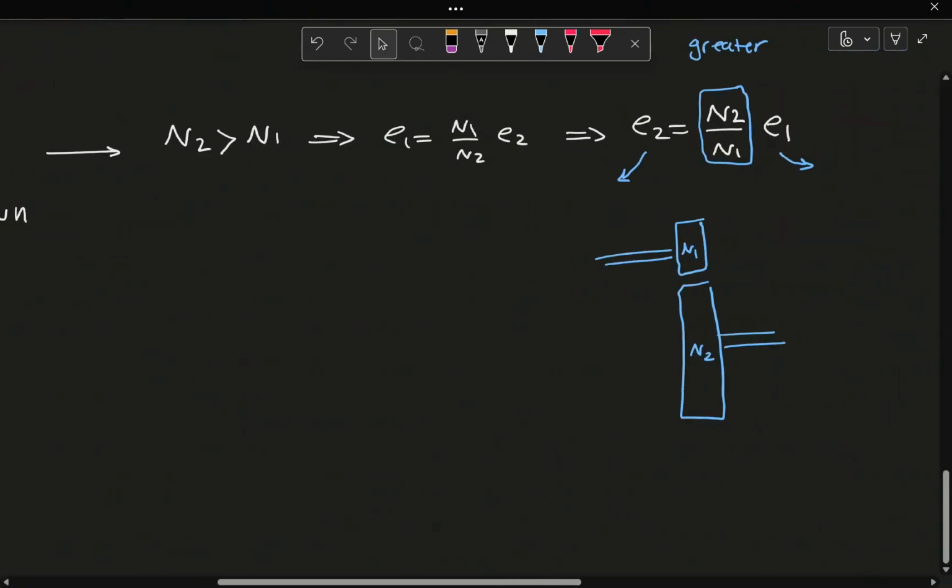So you can harvest bigger voltage on the second side compared to the one that you provide. Similarly, with a step-up gear chain, you can harvest bigger torque here than the one that you provide. You provide a small torque here and you harvest a bigger one here.